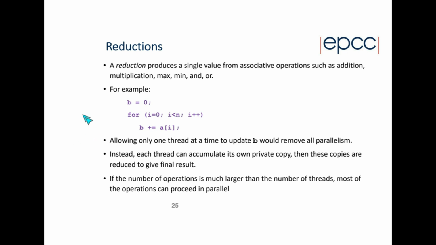So in practice, it is possible to extract lots of parallelism from patterns like this. And as we'll see later on, OpenMP has some really nice support for doing this automatically for you. OpenMP makes exploiting parallelism in this kind of pattern really very straightforward.